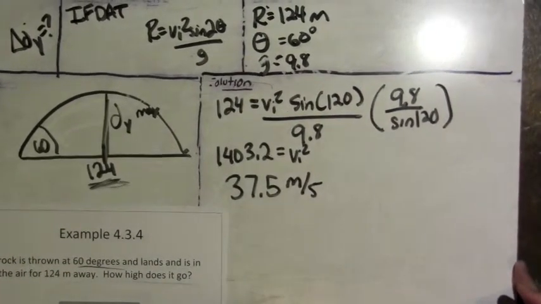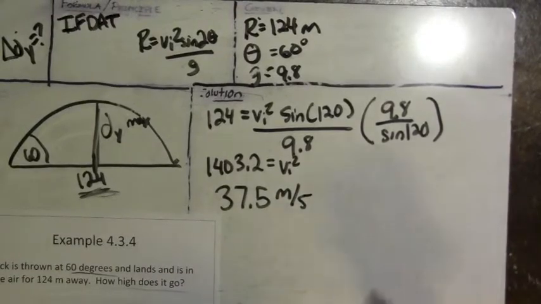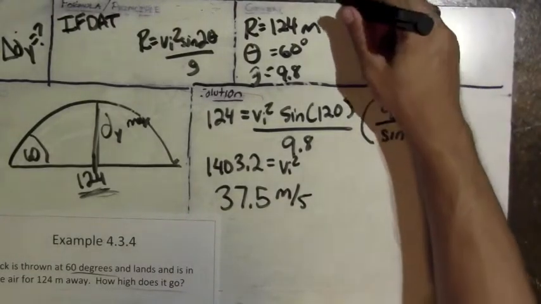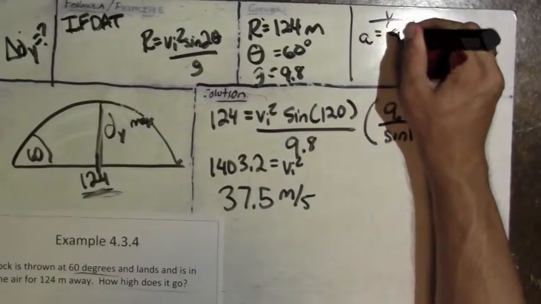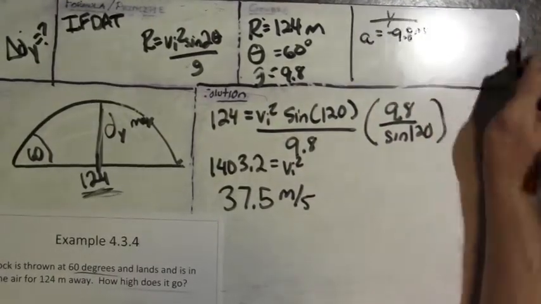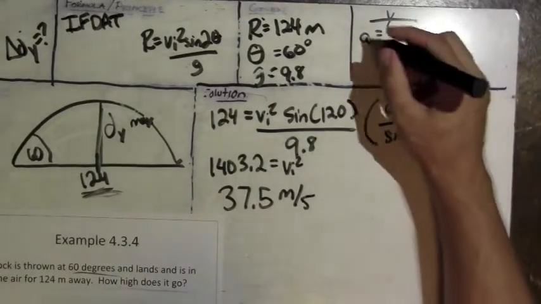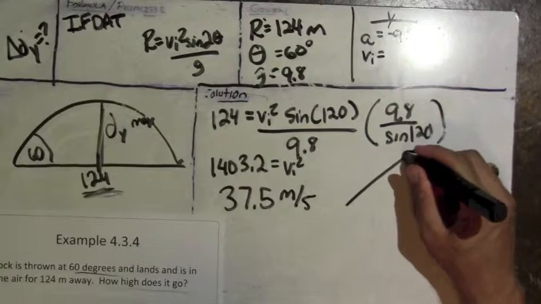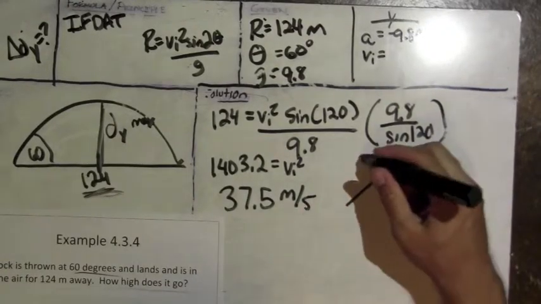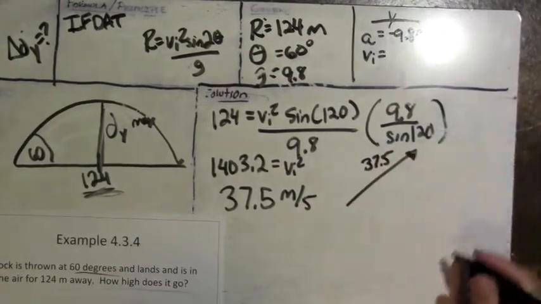Once I have that, that's now going to give me some information that I can use to solve for the maximum height. So remember, we're trying to solve for the maximum height. In the y direction, you know the acceleration is negative 9.8 meters per second squared. You know, in this case, the initial velocity in the y direction is not going to be this 37.5. That's what it's launched at an angle.